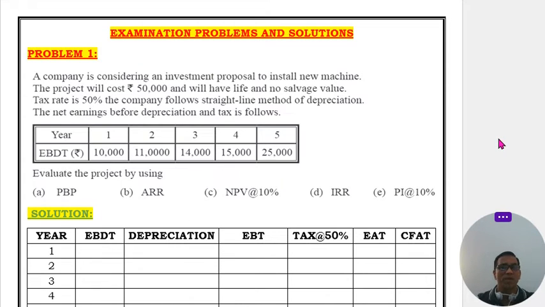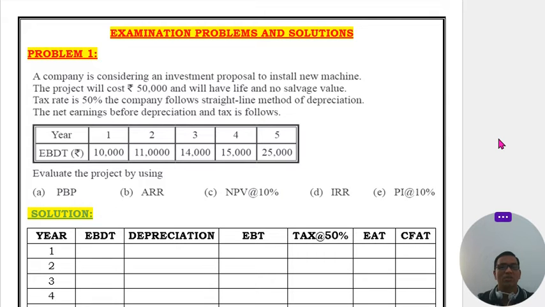The two methods are payback period method and ARR, accounting rate of return or average rate of return method. The second category is discounted cash flow methods, modern methods, also called time adjusted methods.